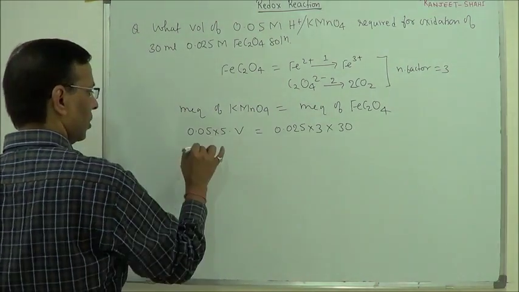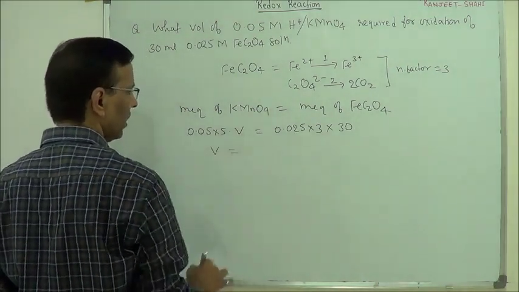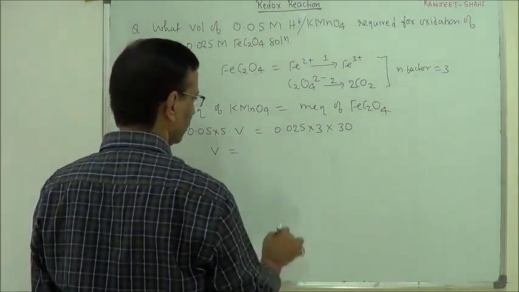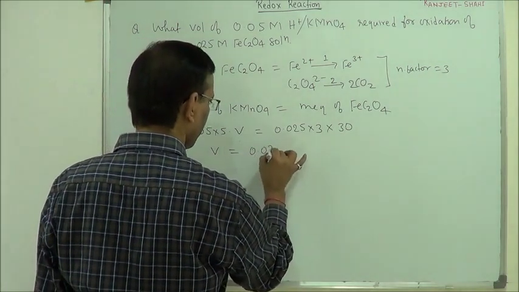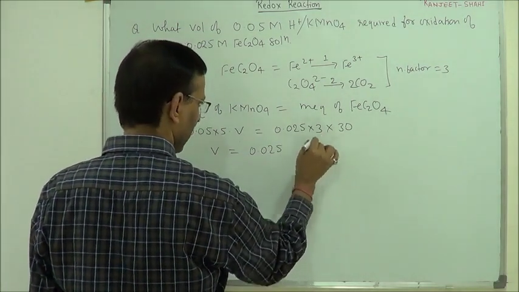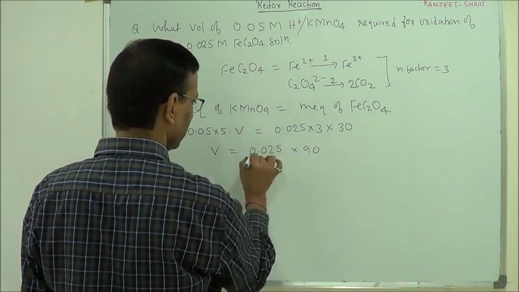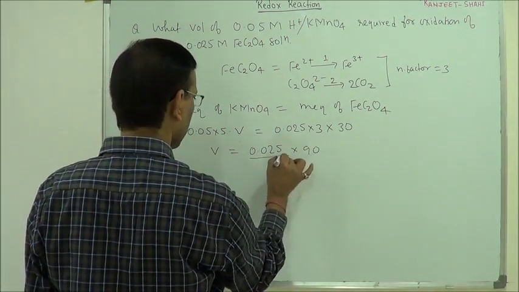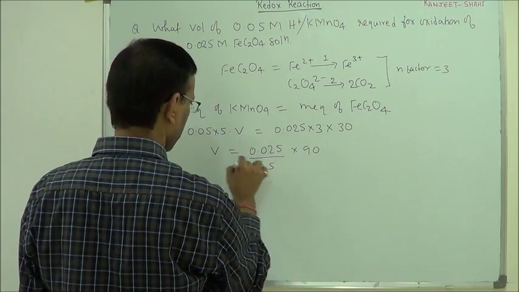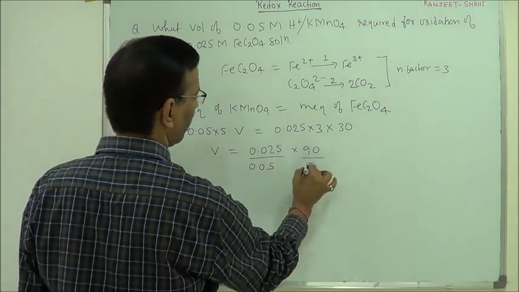So V is equal to 0.025 into 3 into 30 divided by 0.05 into 5.